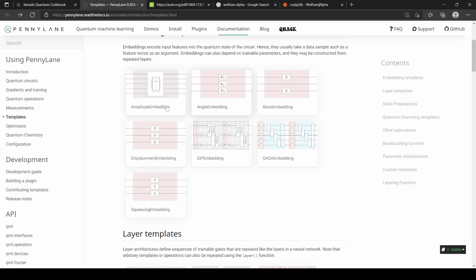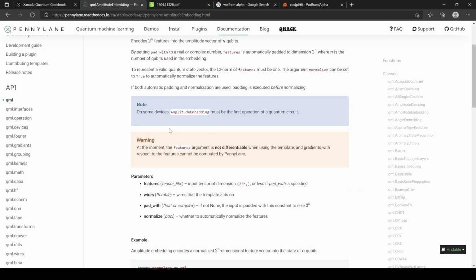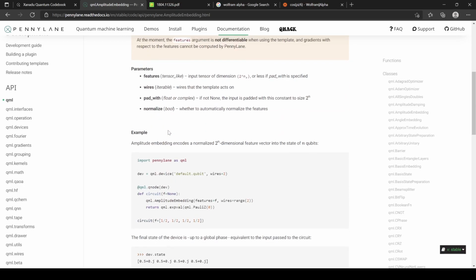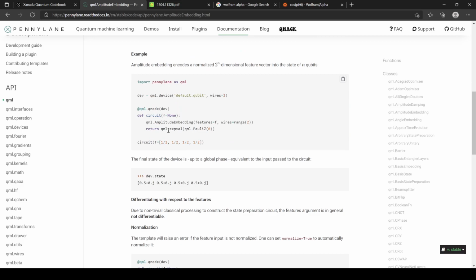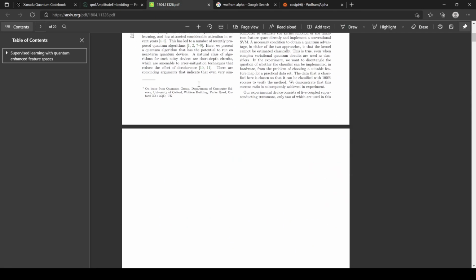Let's see. This is an example where amplitude embedding is kind of cheating, because although there are ways to encode it into the amplitude, it's difficult to do. But on a simulator, you can just set it up arbitrarily. So you can't differentiate it.